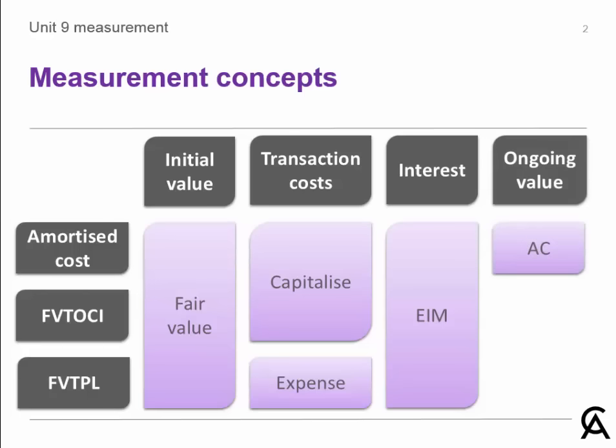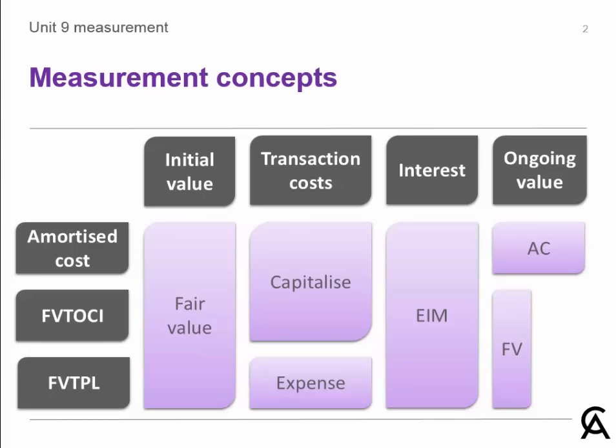Lastly, ongoing value. Assets and liabilities classified as amortised cost are measured at their amortised cost on an ongoing basis. This is their initial value, plus or minus any principal repayments, plus or minus interest using the effective interest method. Other assets and liabilities are measured at fair value.